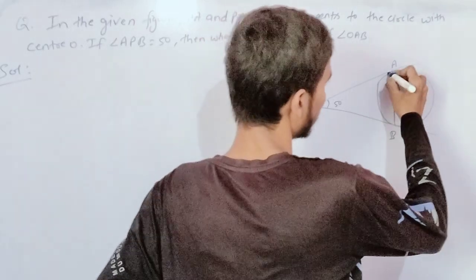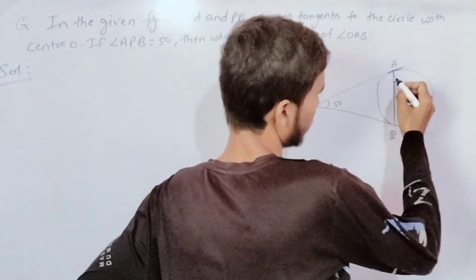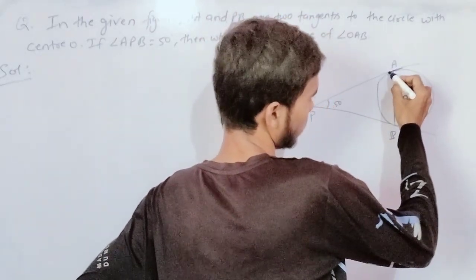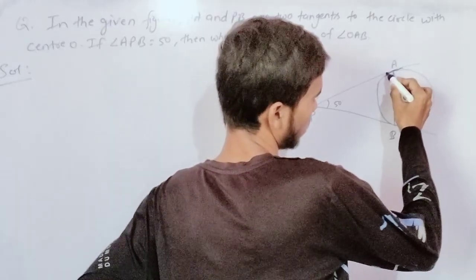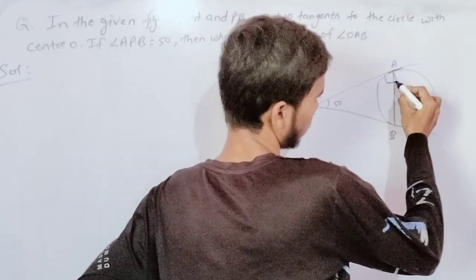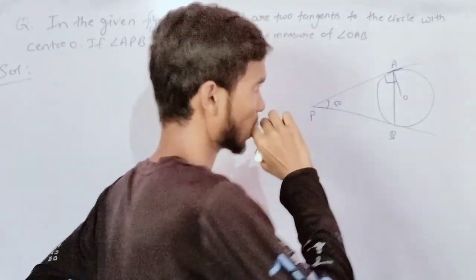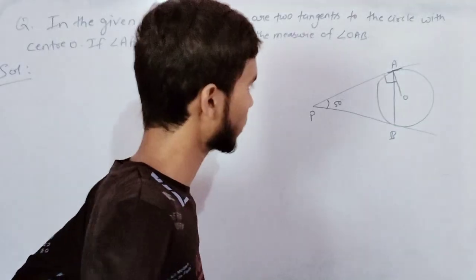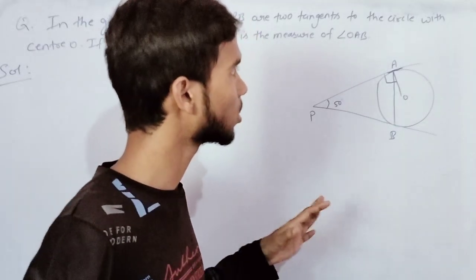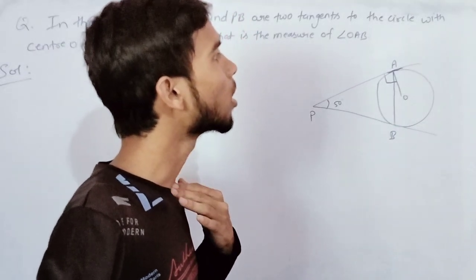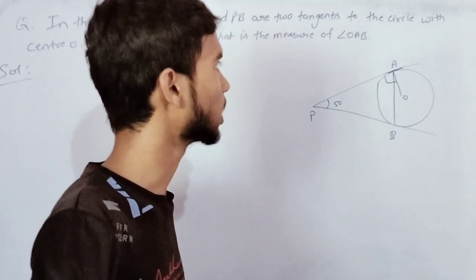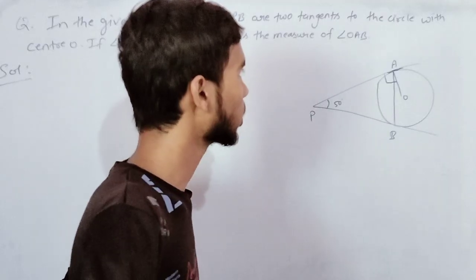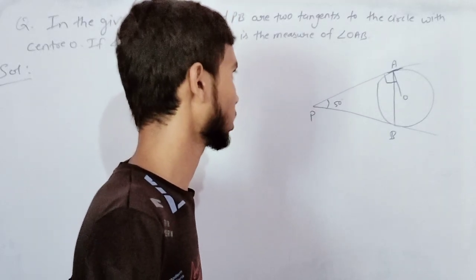Can we say that this is making 90 degree? Of course, 90 degree because OA is perpendicular to PA. That's why.